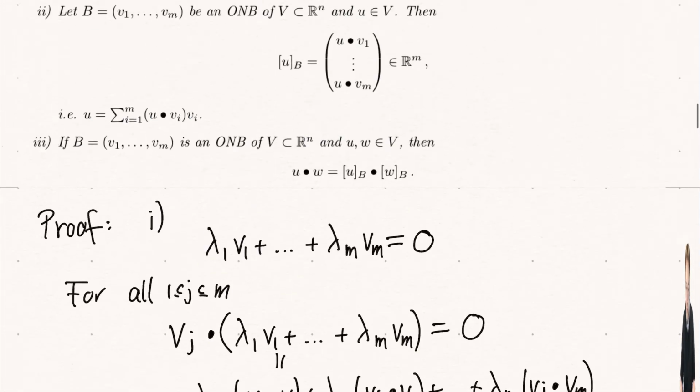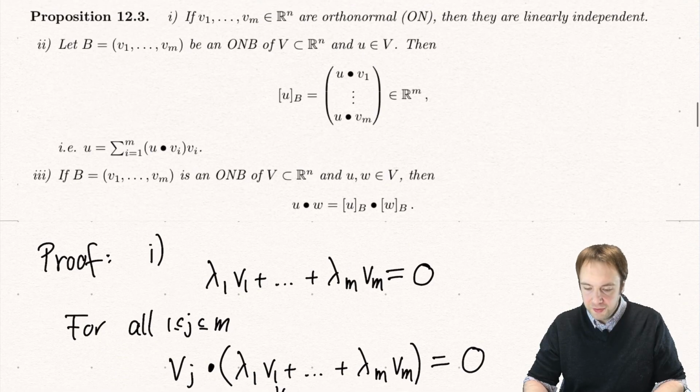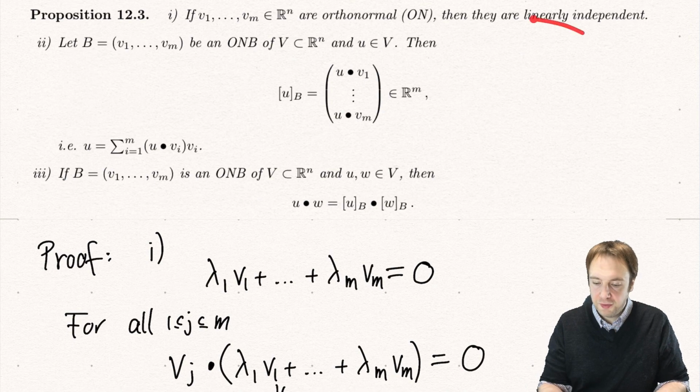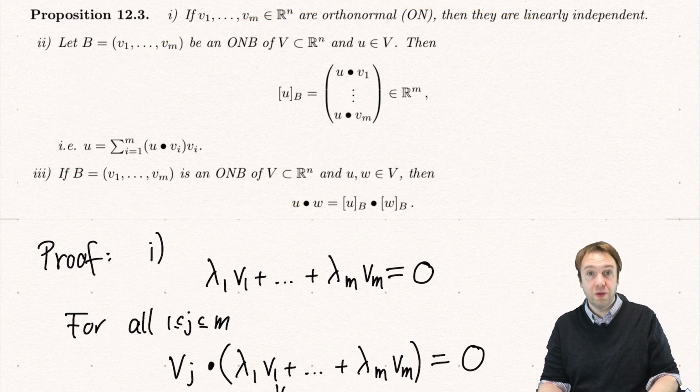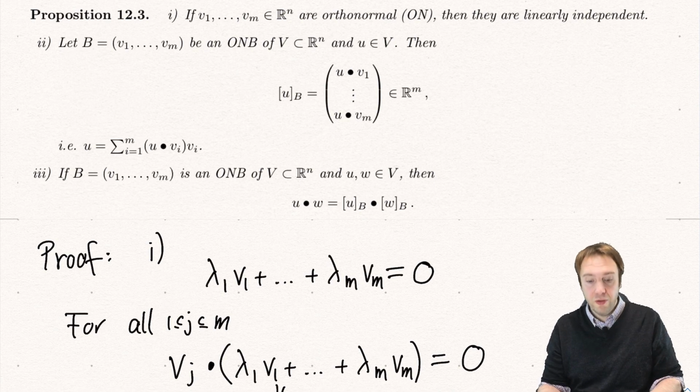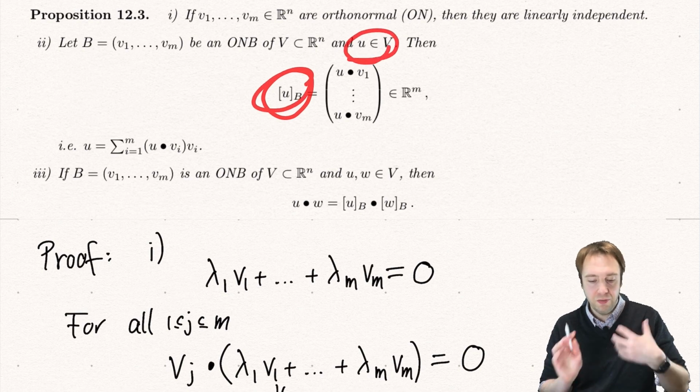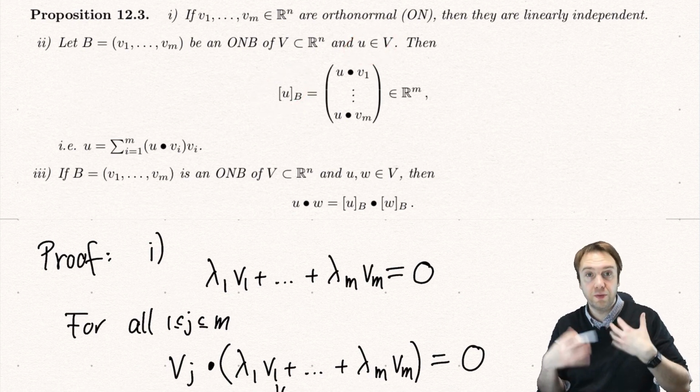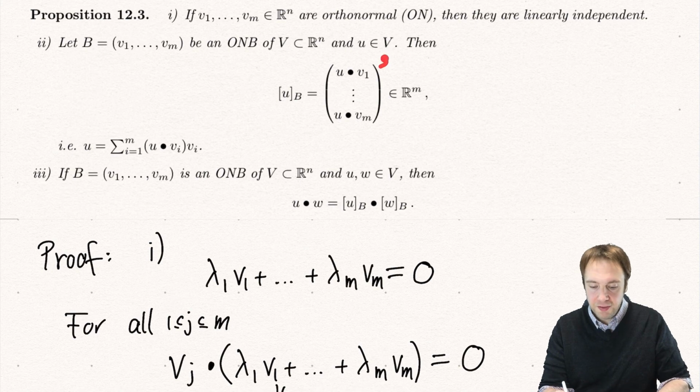Okay, so I think this shows that if you have an orthonormal basis, it's quite nice to work with. Because if you have an arbitrary basis and I give you an element and ask you for the coordinate vector, you always need to solve a linear equation. But in this case, you don't need to solve a linear equation.